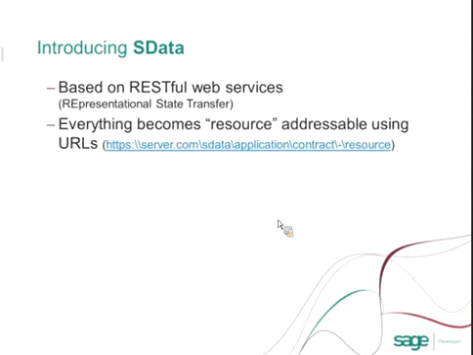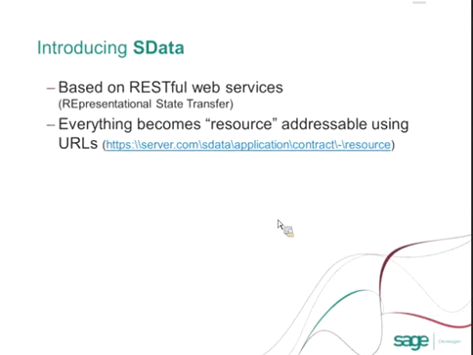The way I always describe RESTful web services is that everything within our applications becomes a resource addressable using a URL, and that's an example of a URL that we all use every day, via web browsers. Basically, you can connect to a server, you reference SData, and then you describe the resource that you would like.